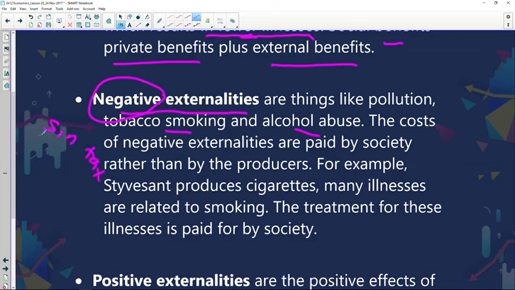So government will try and hike up the prices of these items in order to discourage consumers from using them, and then they will use the sin tax policy in order to do that. We know that companies that manufacture tobacco have to write in their packaging that smoking causes lung cancer and all that.